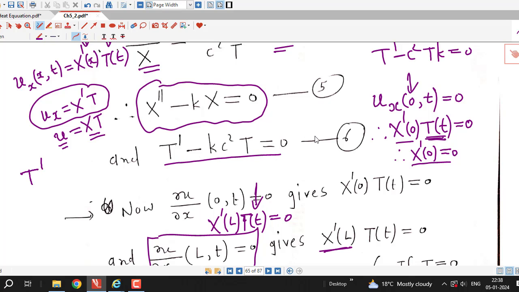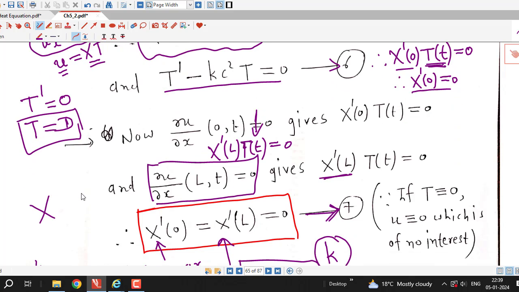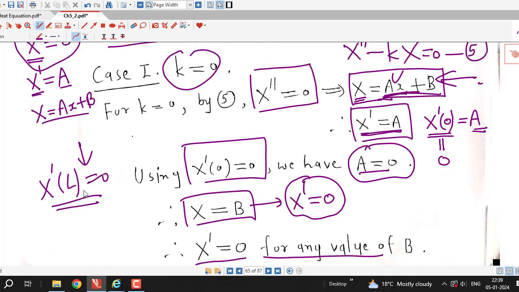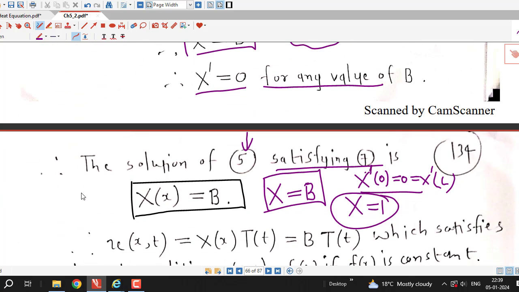Suppose I take k equal to 0 in equation number 6, then I will have t dash equal to 0, and if I integrate both sides with respect to t, I will have t equal to some constant, say capital D. So now our equation is u equal to X into T, and here we have obtained that capital X is constant, and we obtained that capital T is also constant.